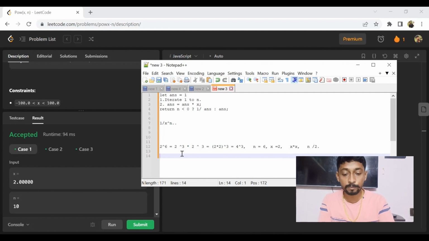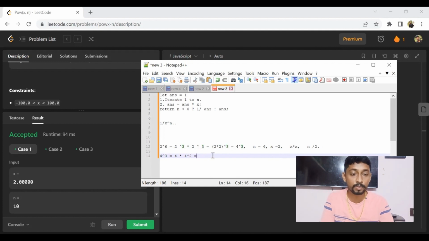What about 4 to the power of 3? How are we going to derive this? Definitely I can't simply divide it, so I will take 4 into 4 to the power of 2. Now I will ask one question here: my n is 3, so n is definitely an odd number.